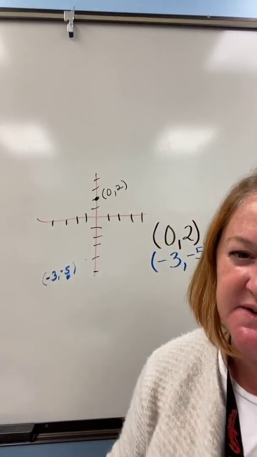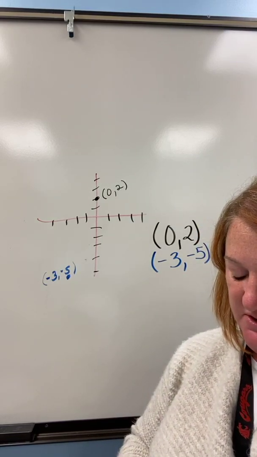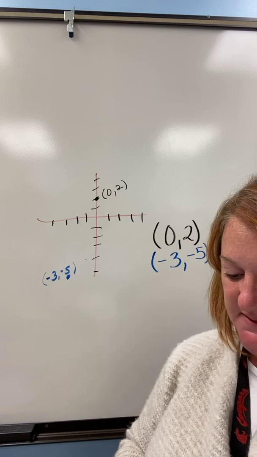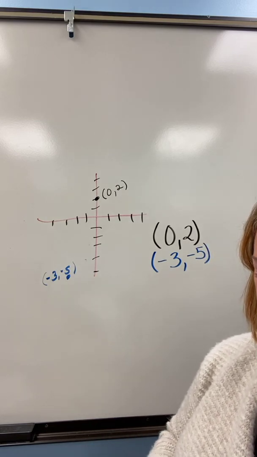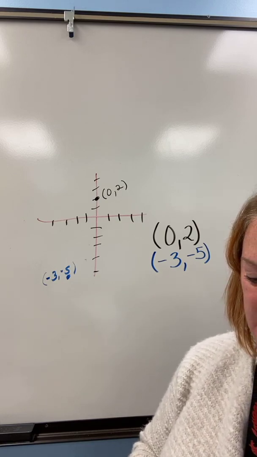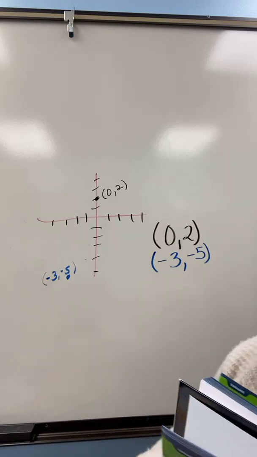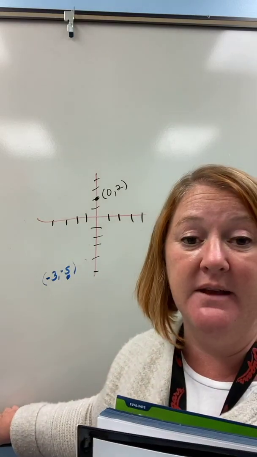They also want us to talk about reflecting a point. And so that is just the opposites. So if I reflect a point, yeah, it's almost like we create a rectangle.